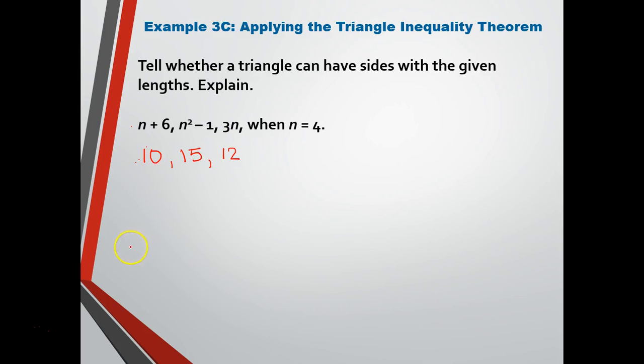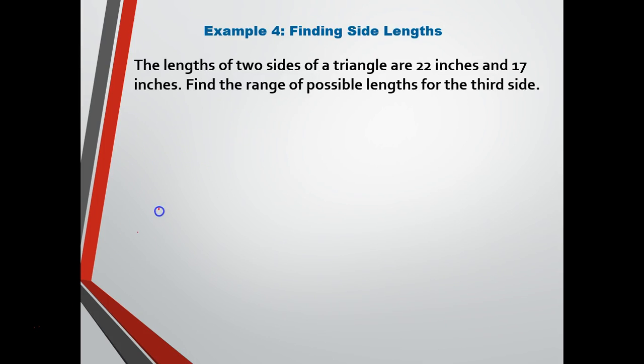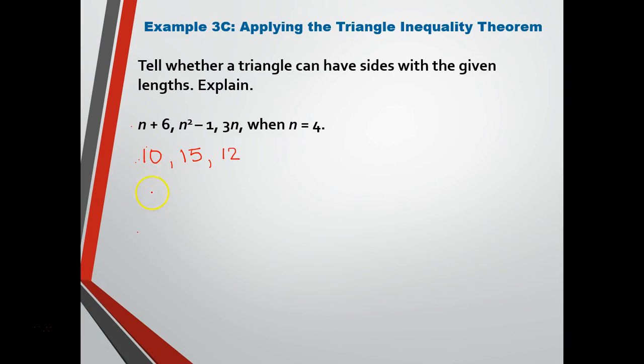All right, so let's do all of the inequalities. So we're going to get 10 plus 15 must be greater than 12. 10 plus 12 must be greater than 15.